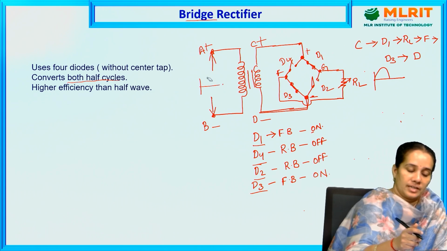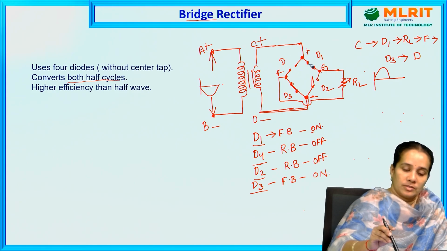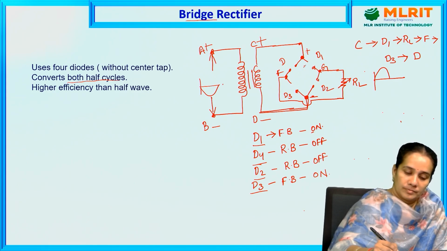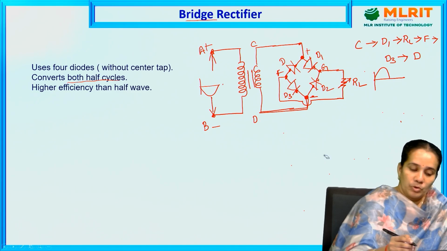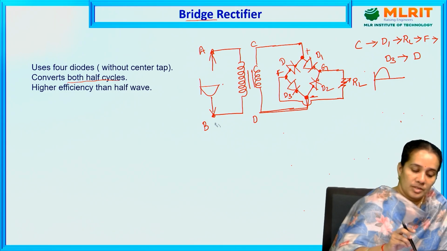Negative half cycle. So negative half cycle means we are applying which voltages? Negative voltage means node A becomes negative and node B becomes positive.